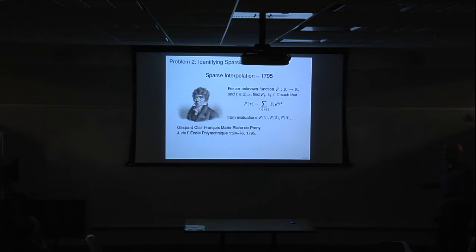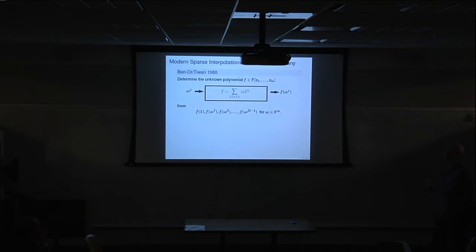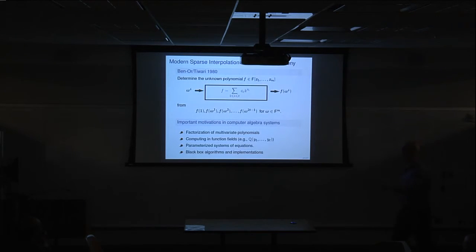The number of points that Prony needed was 2t in 1795, and the number they needed in 1980 was 2t. So you start to see similarities. Exponential interpolation and multivariate polynomial interpolation are fairly similar.